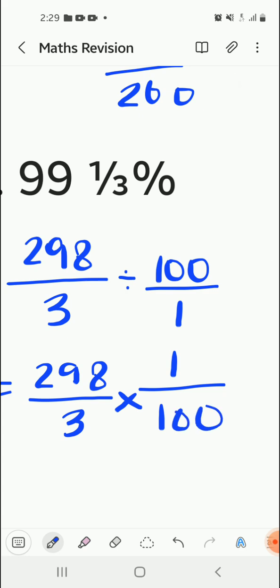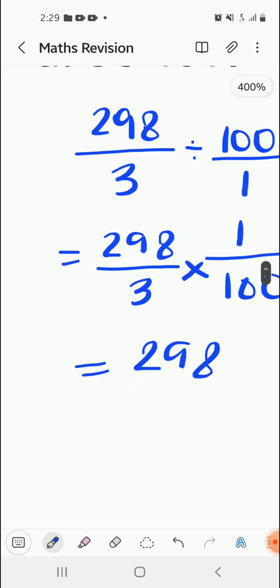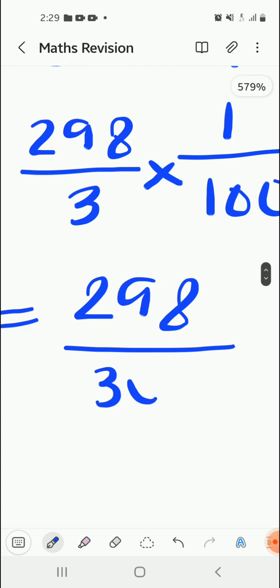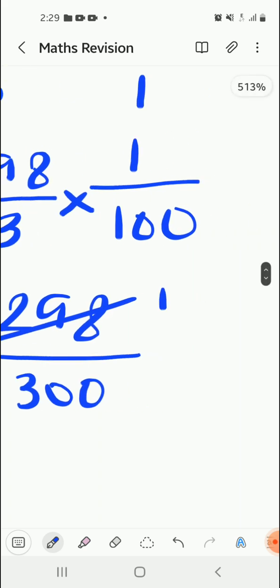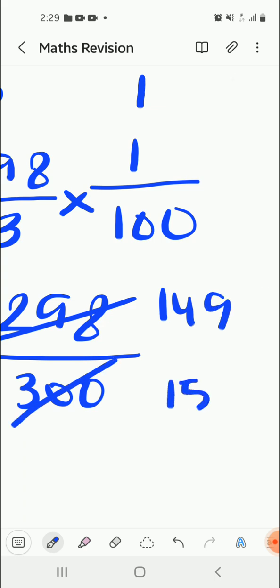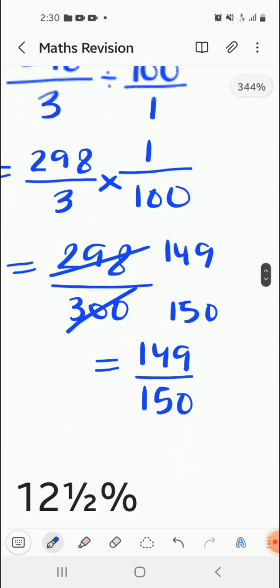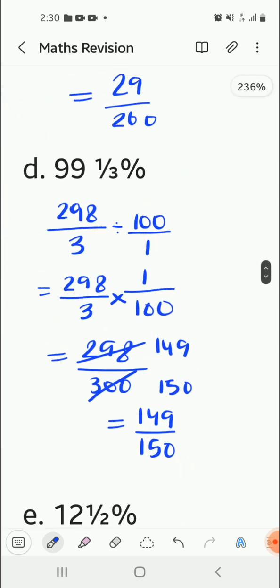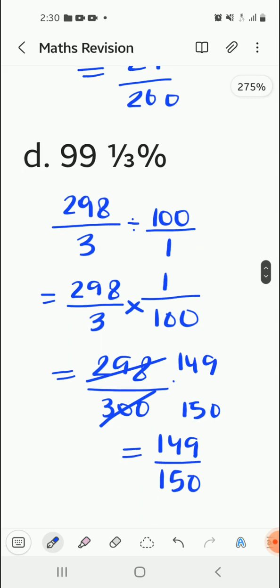So we've got 298 in the numerator, and we have got 300 in the denominator, 3 into 100. See, it's possible for us to divide the numbers by 2. So 298 by 2 becomes 149. 300 would become 150. So my answer is 149 by 150. That is it. Some of you have asked me to keep my screen frozen for some time. So that's why. Have a look.